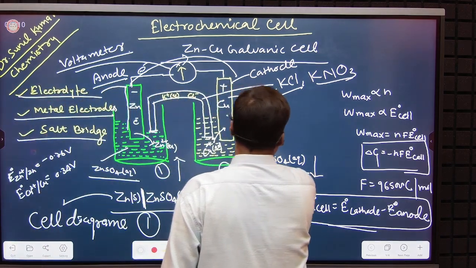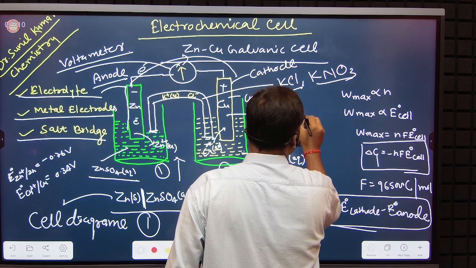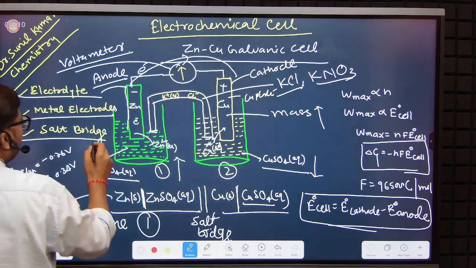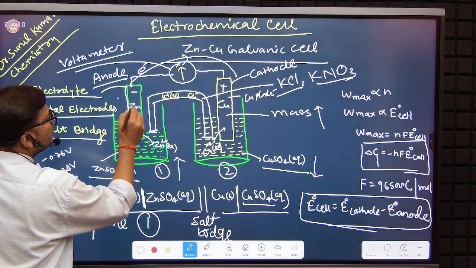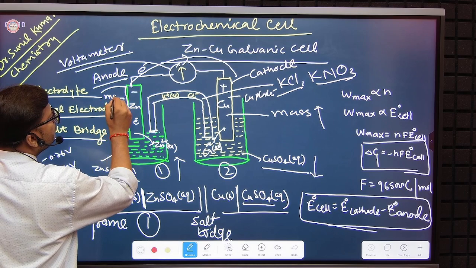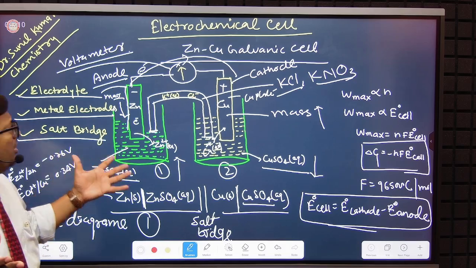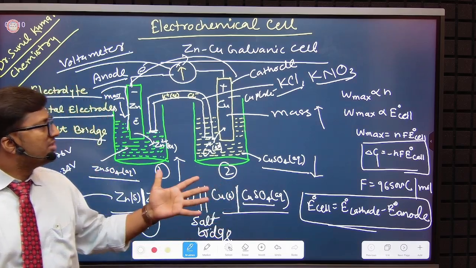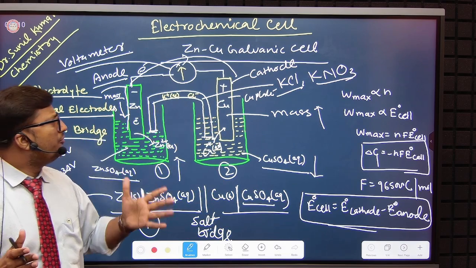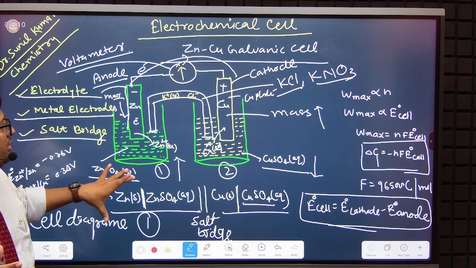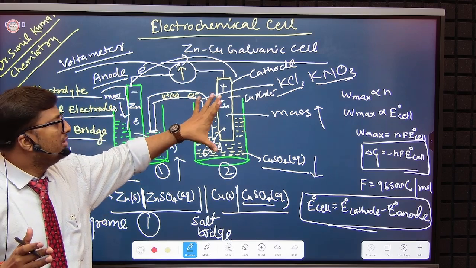So here mass increases and here mass decreases, right? This is the difference between these two types of metal plates.